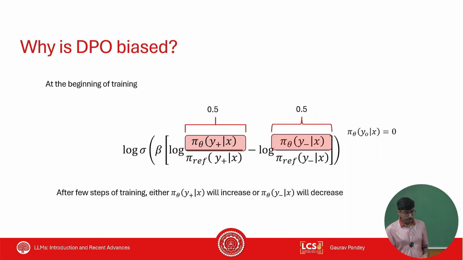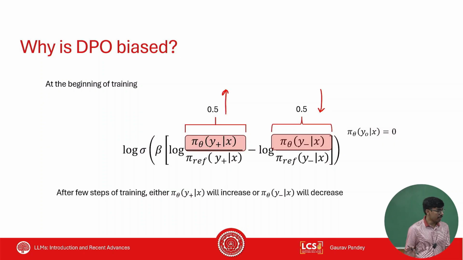So initially, when you start training, your model will be exactly the same as pi ref. It will assign the same probability: 0.5 to the positive, 0.5 to the negative, and 0 to the out of distribution output. Now you start training. After some steps of training, what will happen? Either this can go up, or this has to go down.